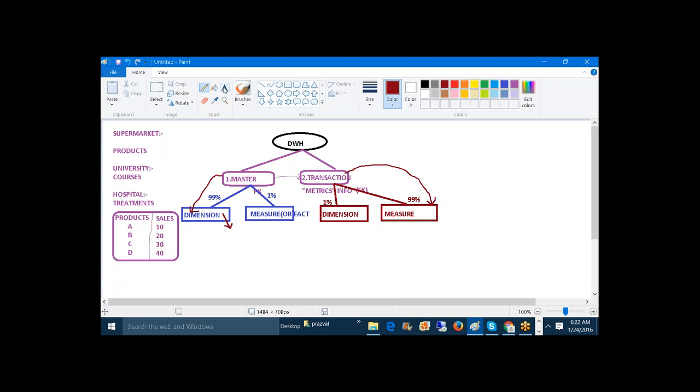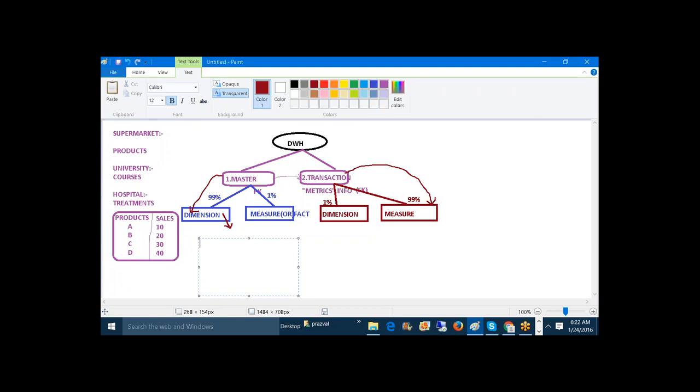Let's say for example I have product, department, sales, and profits. A department is D1, sale is 100, profit is 10.